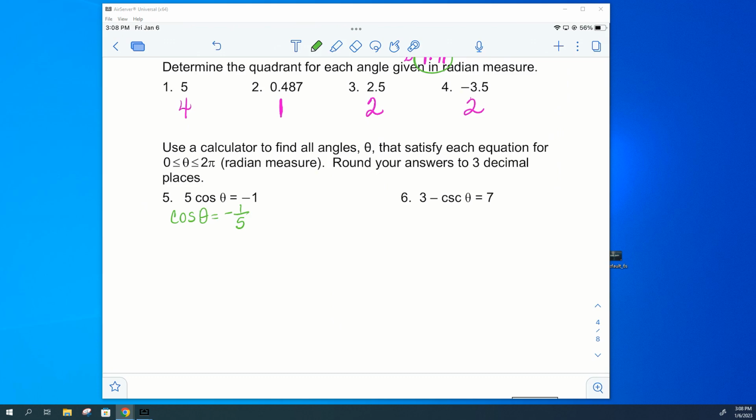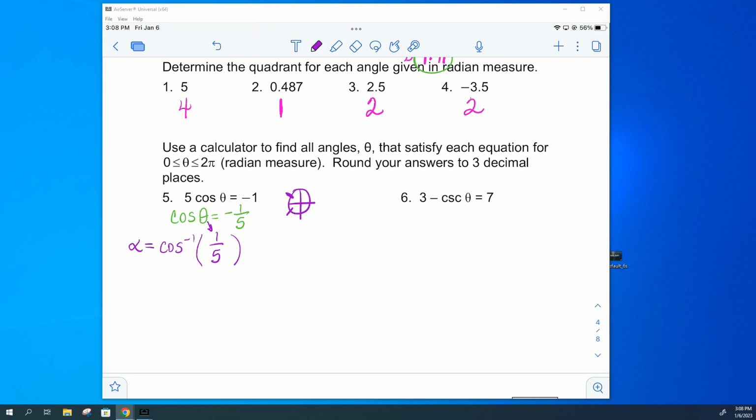What I need to understand is that what I'm going to type in, you're going to have to kind of just trust me, is that for my theta, my reference angle, I'm going to type in inverse cosine. When you type it in to do the formulas that we talked about earlier, you're always going to type in a positive number here. Now, what I figure out with this negative is, all right, if cosine is negative, I'm going to have answers in quadrants 2 and 3.